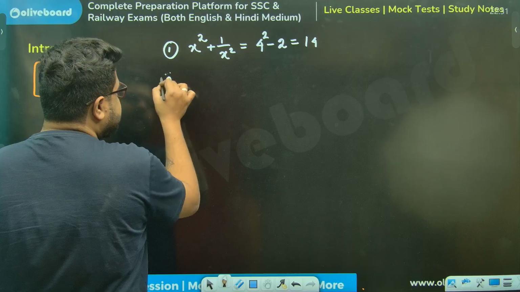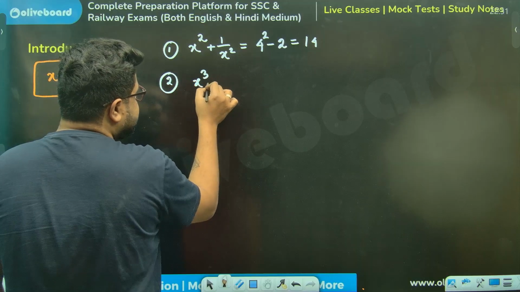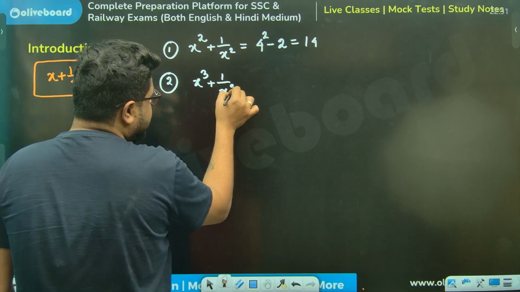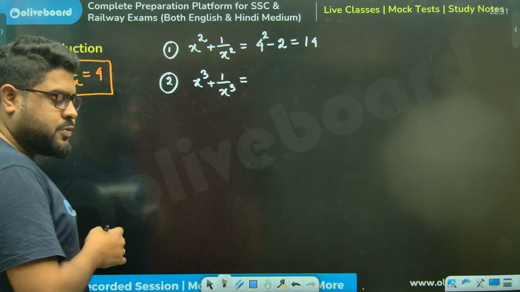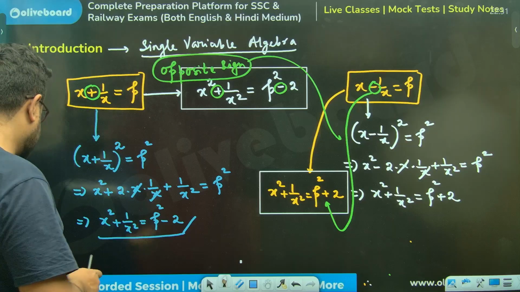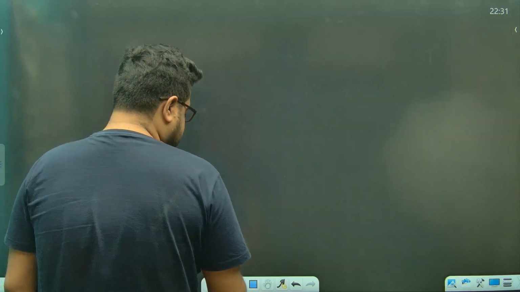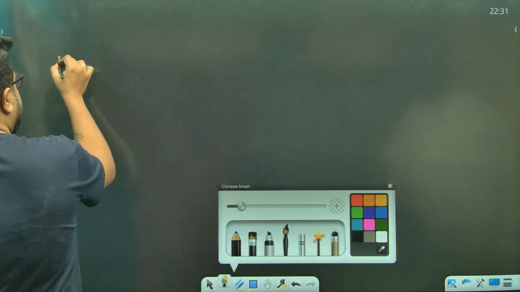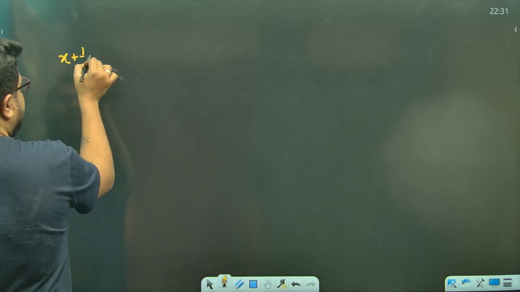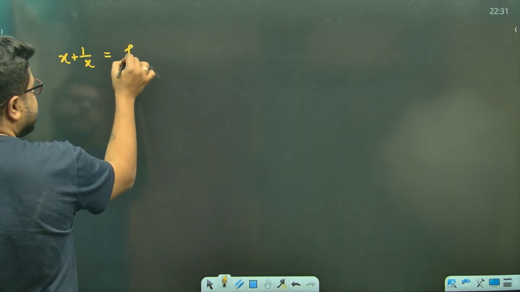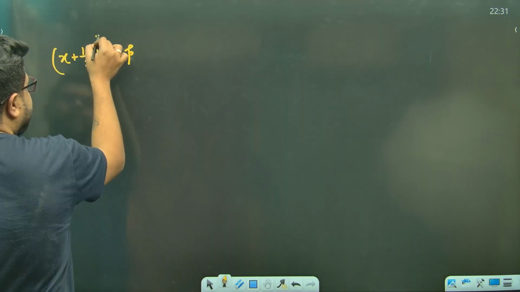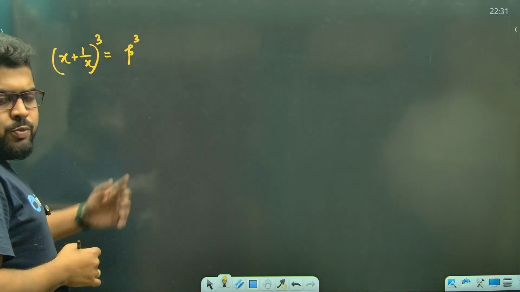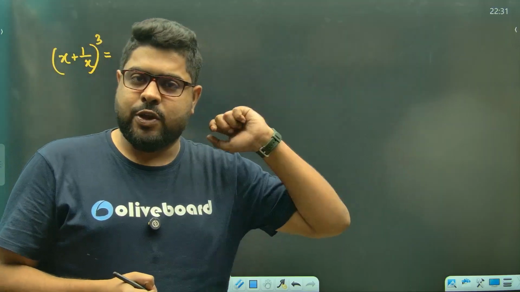Now, second, I will figure out x cube plus 1 by x cube. How to figure it out? Chalo, let's see. x plus 1 by x was equal to p, sir. So let's whole cube this. Why? Because we are trying to figure out cube. That's why we are doing the whole cube.